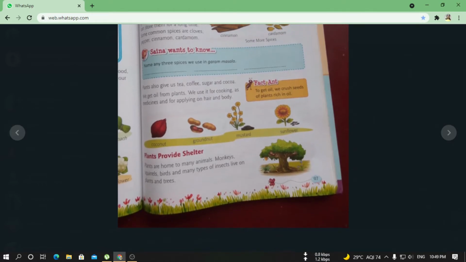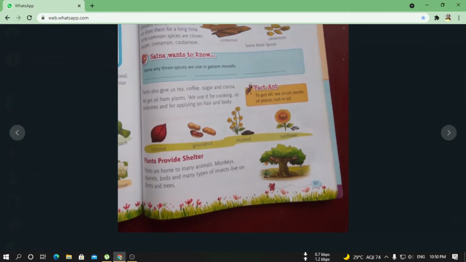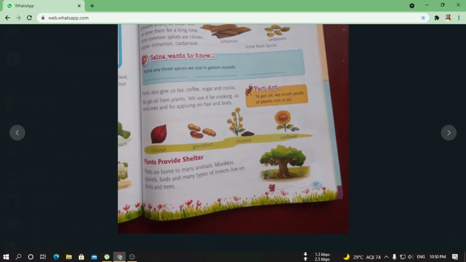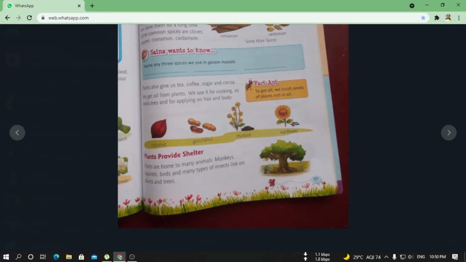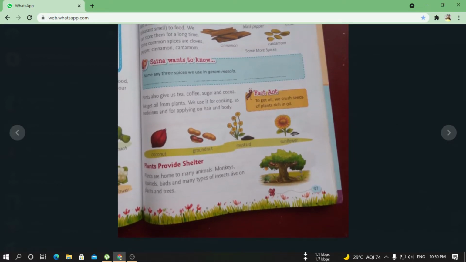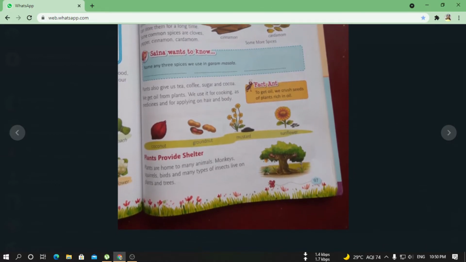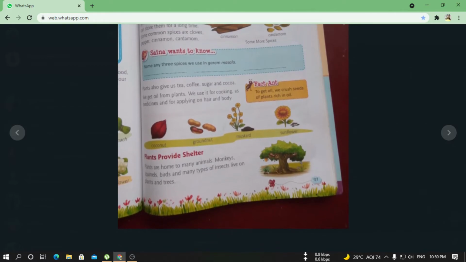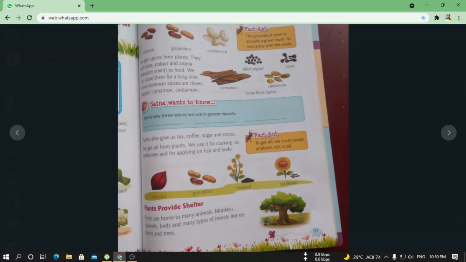They have their house in the plants. Plants are the home of the insects, plants are the home of many animals, many birds. Okay, so plants also provide us shelter.